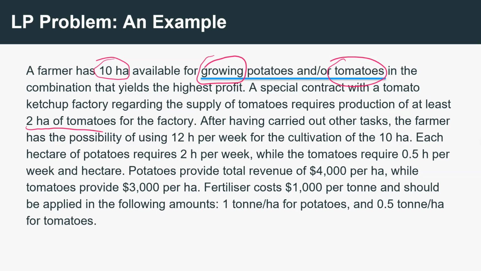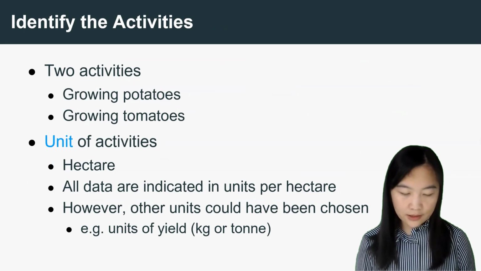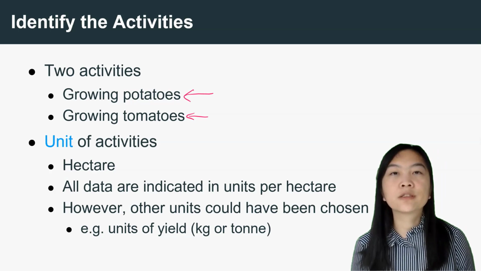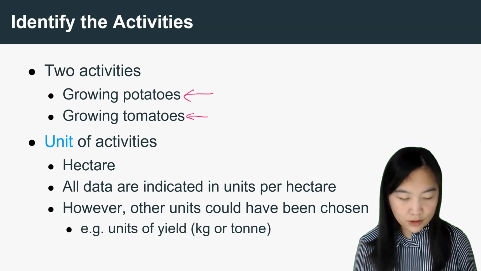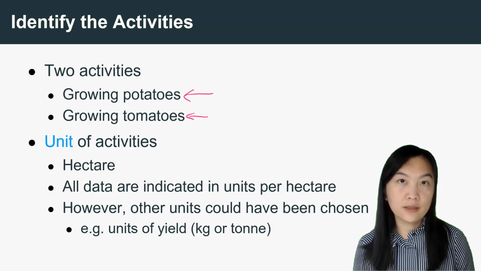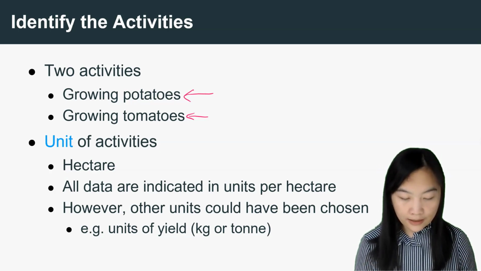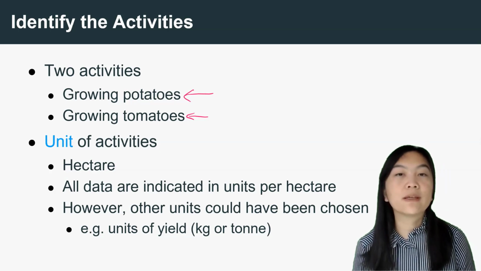It also mentions that each hectare of potatoes requires some labor, and tomato also requires labor. Based on that information, you can decide that for your activities, the unit is the hectares of land that is going to be used for growing potato and growing tomato. That's the unit of the activities or the decision variables.